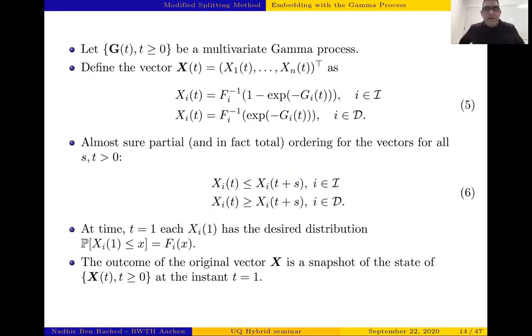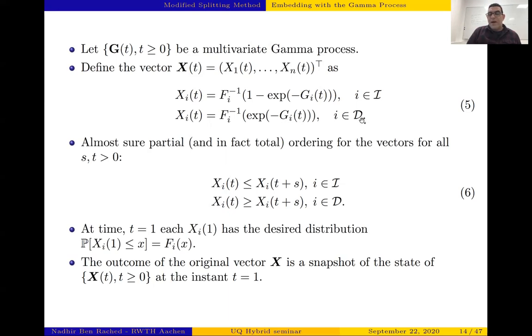Next, given the multivariate gamma process, we define the Markov process X(t) as given in equation 5. First, when i is in the index set I, we define Xi(t) to be the inverse CDF of the ith random variable applied to 1 minus exponential of minus Gi(t).